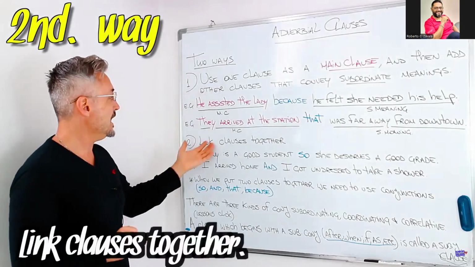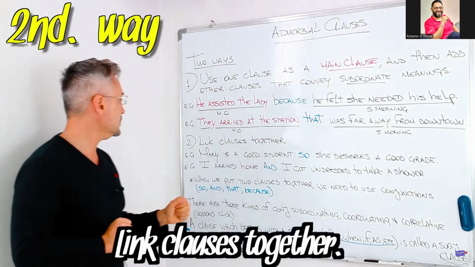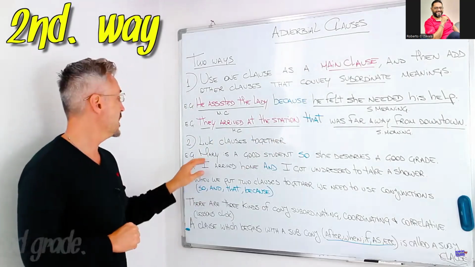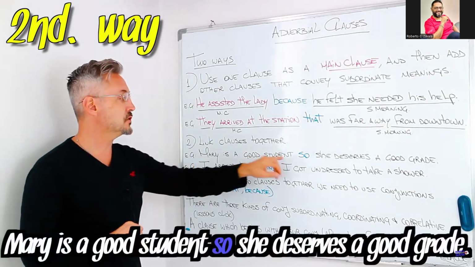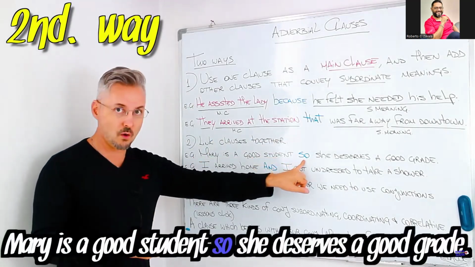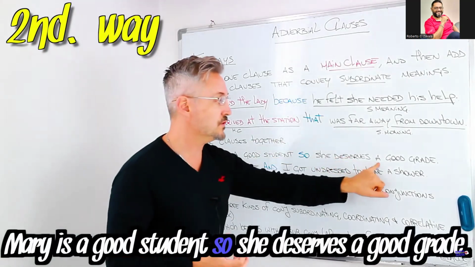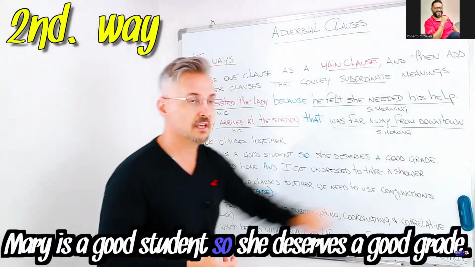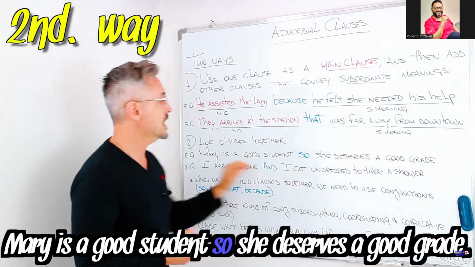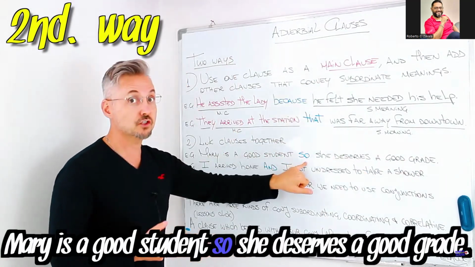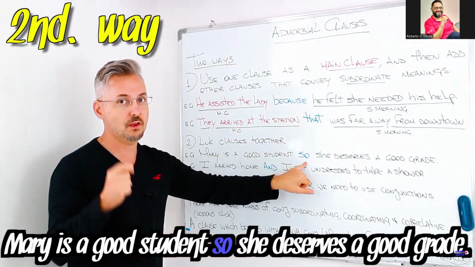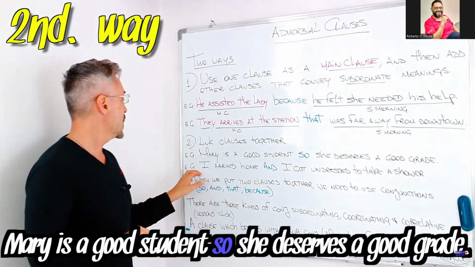We can link clauses together. So the example: Mary is a good student, so she deserves a good grade. These are two clauses linked by a conjunction. I'm going to get to that in a minute.